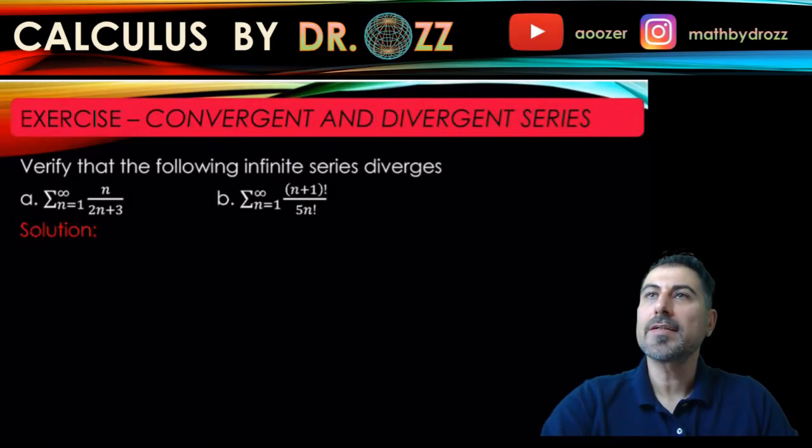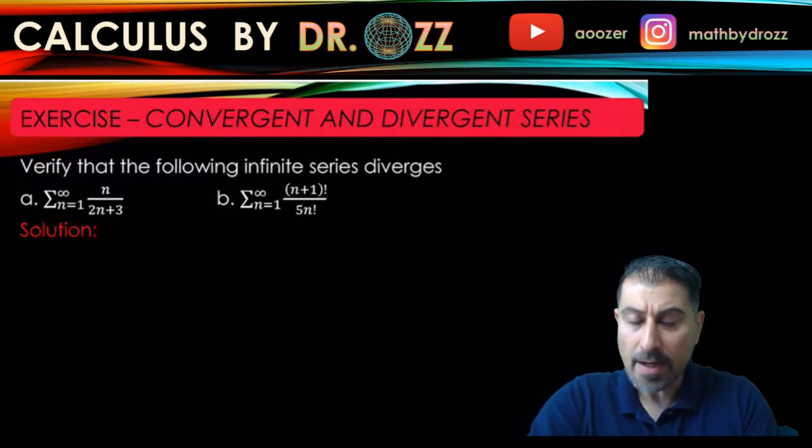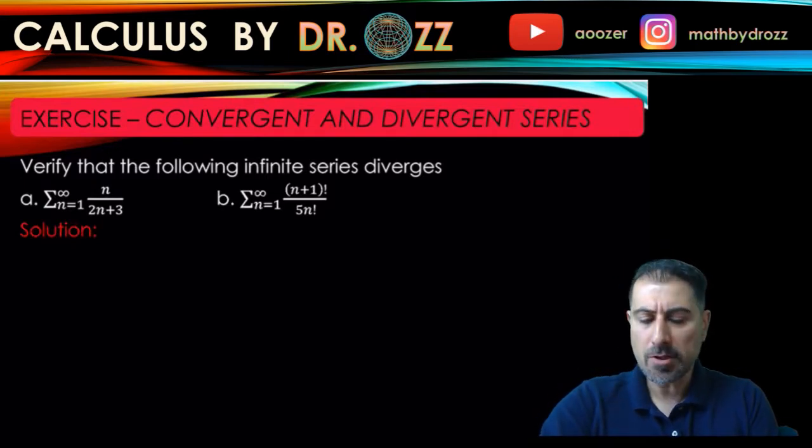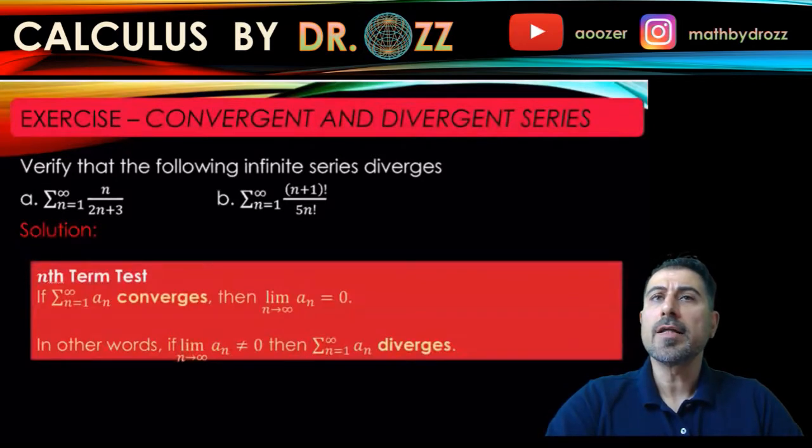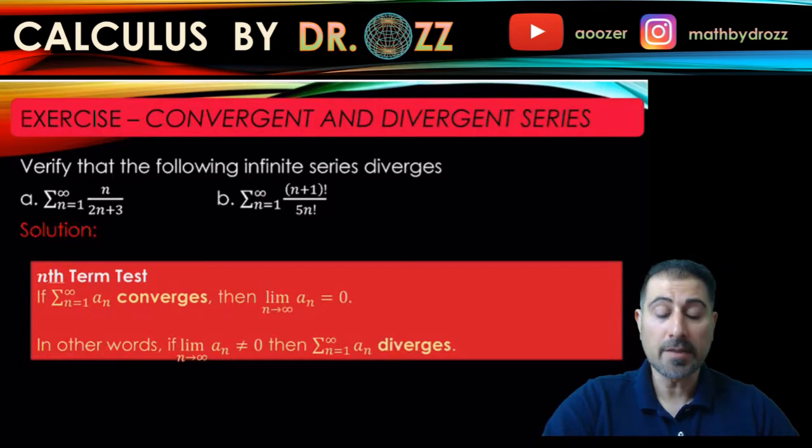All right, let's get started. Let's start with part A, and I want you to remember the nth term test. The nth term test says that if an infinite series converges, then the nth term must approach zero.